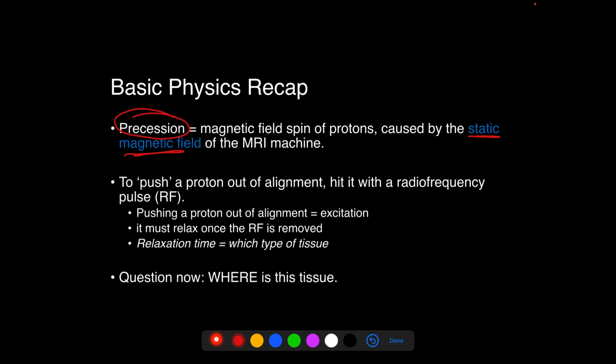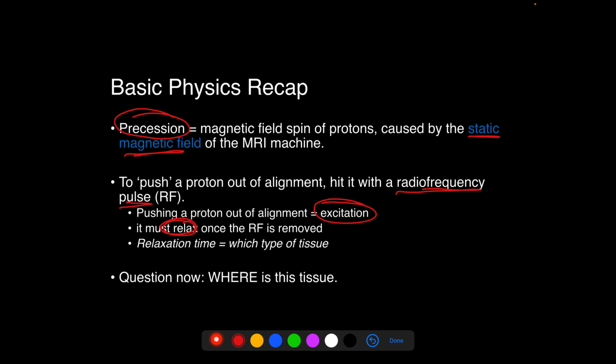If we want to push a proton out of alignment, we hit it with a radio frequency pulse. That radio frequency pulse gives the proton energy, so we say that it's excited. When it's excited, it tips away from the main field. And once we switch off the radio frequency pulse, the proton relaxes back to its original position.